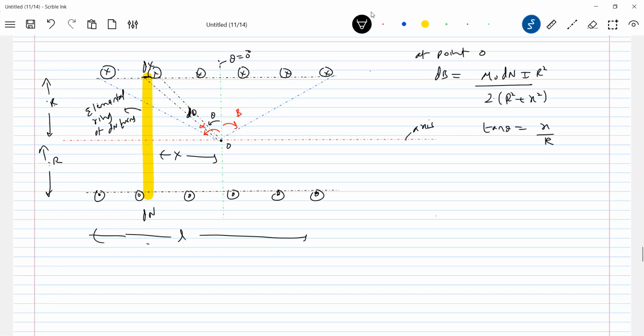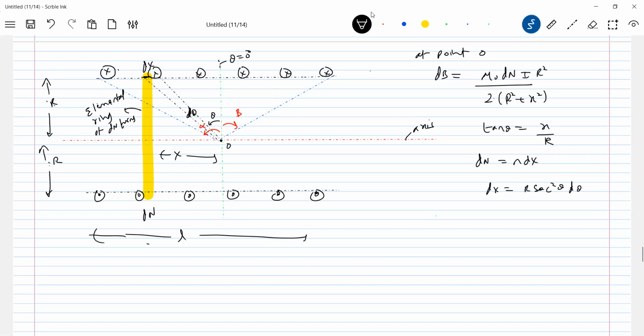So what is dn further? How to define dn? dn is n dx. And since tan theta equals x by R, I can replace x with R tan theta, then dx equals R secant squared theta d theta.